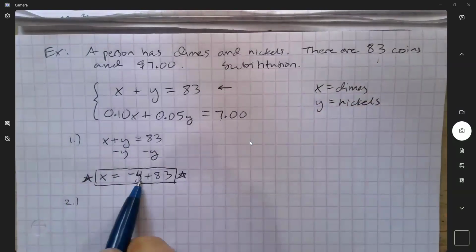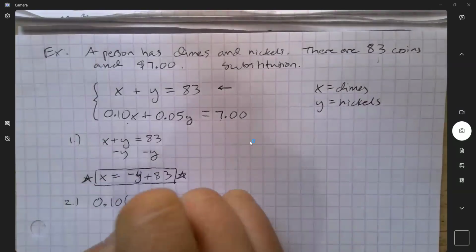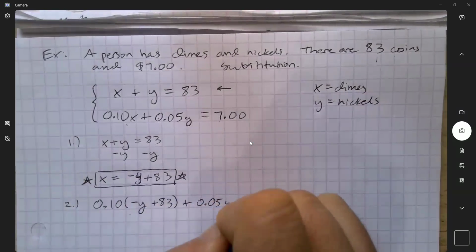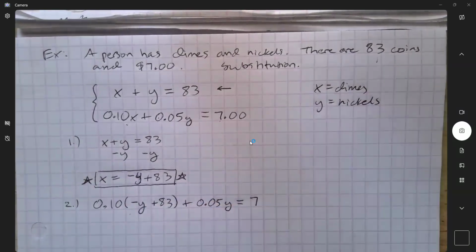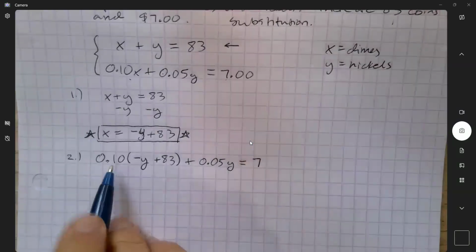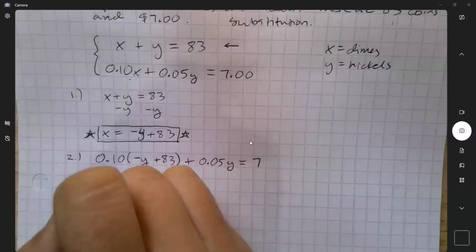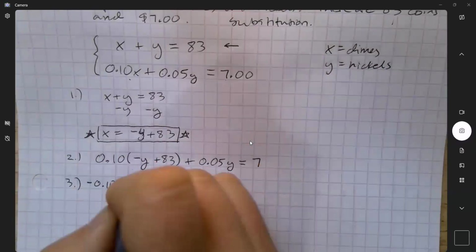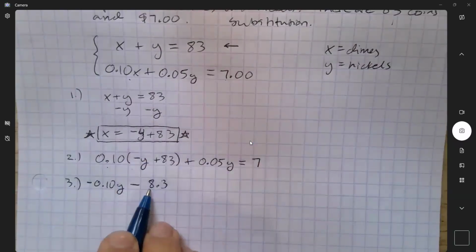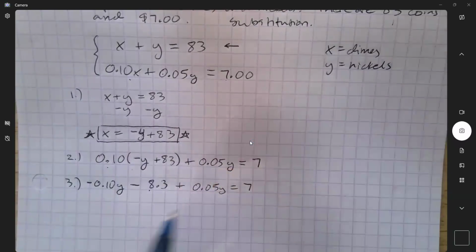Next step is to substitute this into the other equation. So I have 0.10 times (minus y plus 83) plus 0.05 times y equals 7. And now I have to solve this one. First, I'm going to multiply the 0.1 through. So negative 0.10y minus 8.3, because 0.1 times 83 is 8.3, plus 0.05y equals 7.